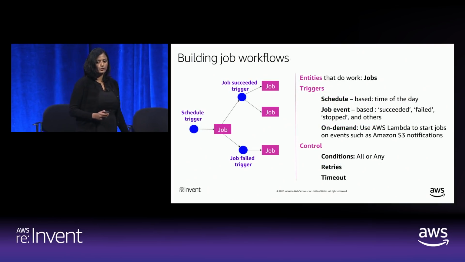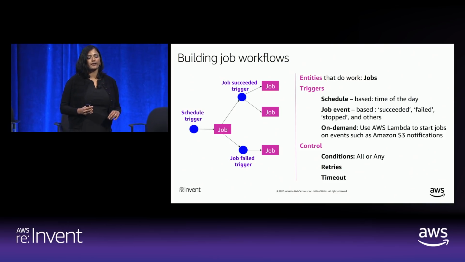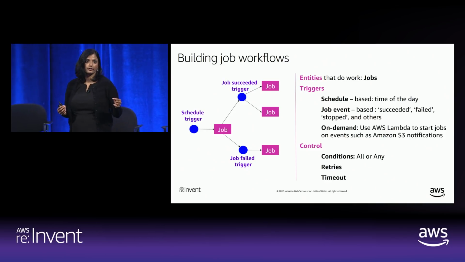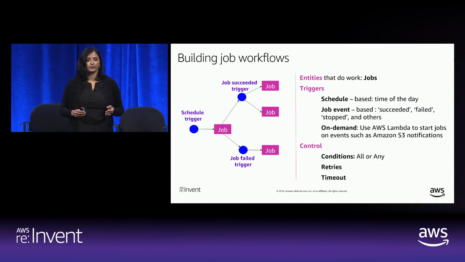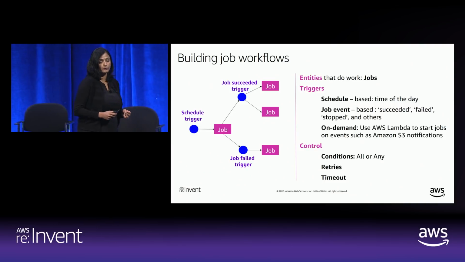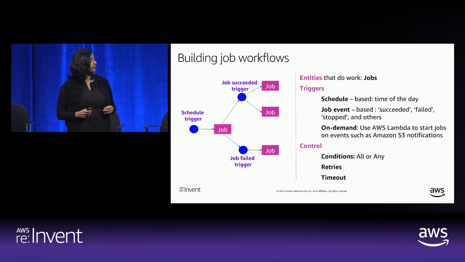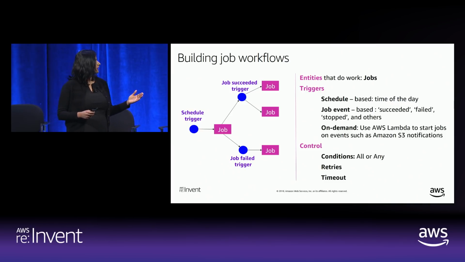So this is how you would use triggers in Glue. Triggers in Glue are entities that help you stitch jobs together. So jobs do the work, and triggers help you stitch different jobs together to build complex workflows. We have 3 types of triggers in Glue. We have a schedule-based trigger, where you can trigger a job based on the time of the day.